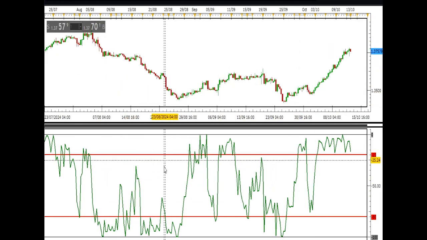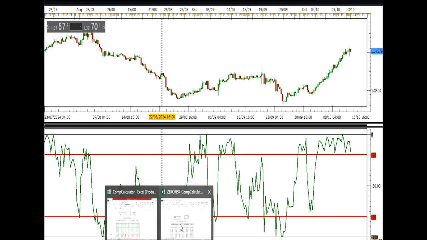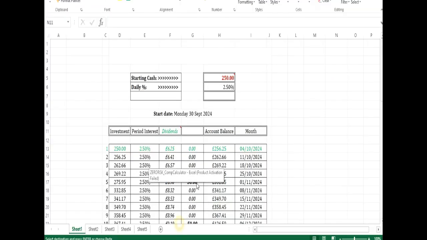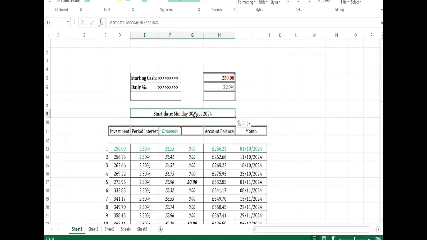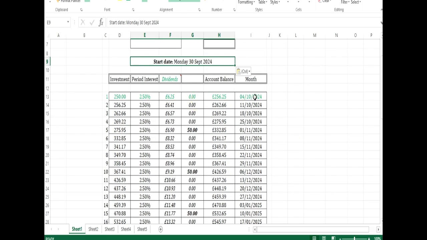Which brings me back to the update on our challenge. It started Monday the 30th of September. My target was to make 250, 2.5% every week. In the last video we had got it up to 256.